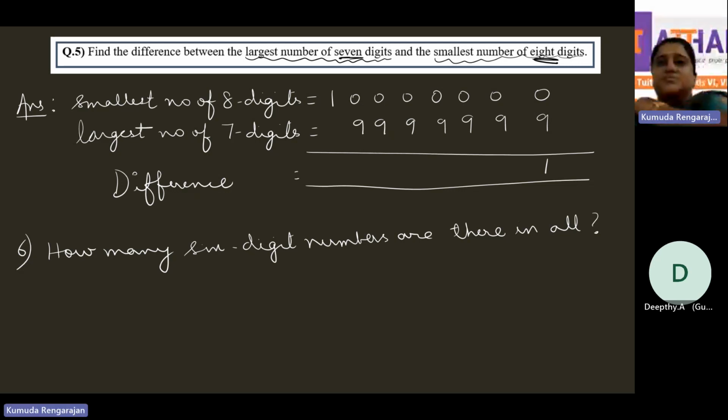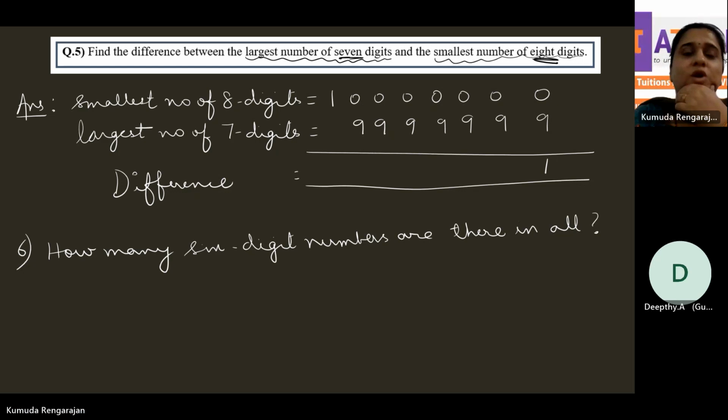How you do this, Tanya? What are the steps? Okay. Smallest 5-digit number. Okay. Which is not is the answer. Correct. Okay.